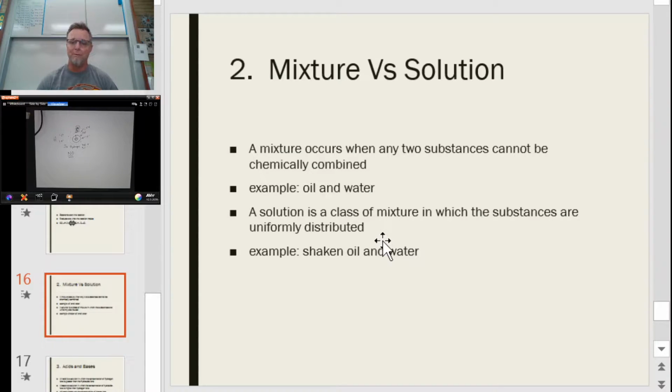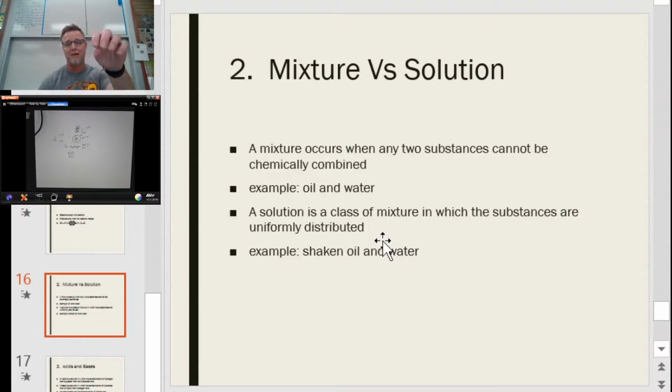So if we took the football team and, I don't know, we had like a school dance and we invited all the football team and the volleyball team and the cheerleaders together, well, each of those teams could be like an element, and as they mingle on the dance floor, they form a mixture of students. They're not chemically combined.